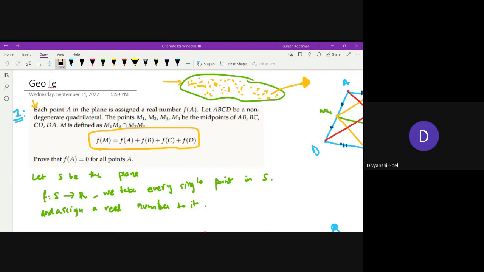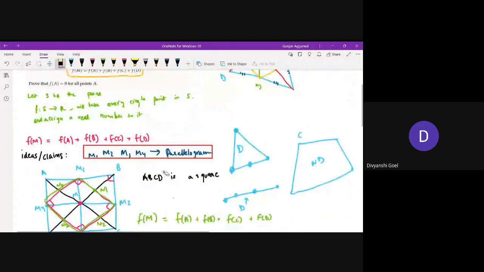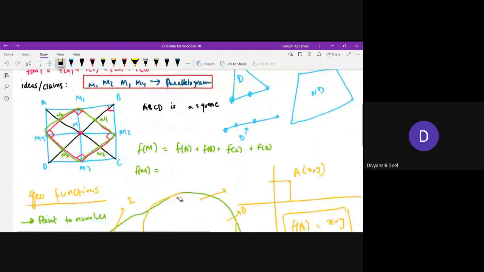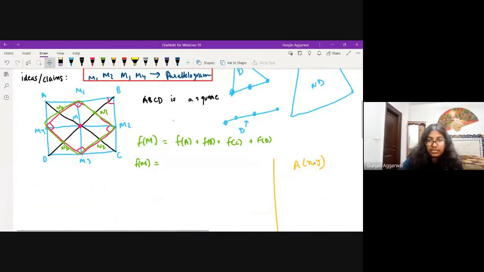Can we write m is equal to (b plus d) by 2 is equal to (a plus c) by 2 is equal to (m1 plus m3) by 2 is equal to (m2 plus m4) by 2, and then equate all of it and cancel out? Can you repeat?